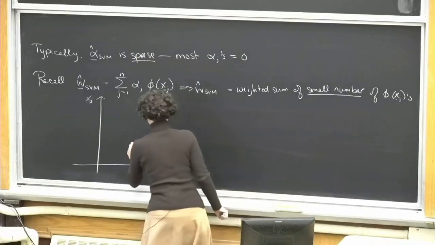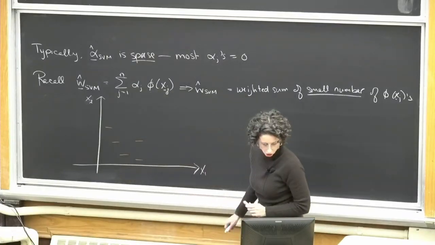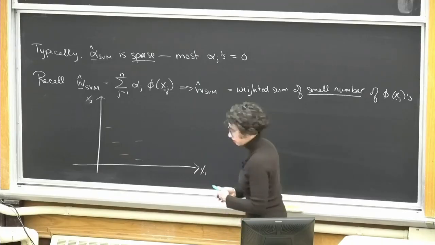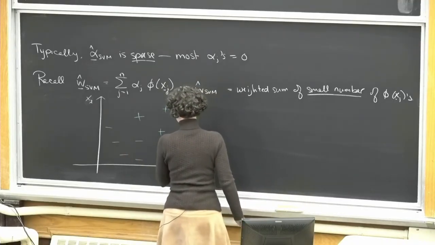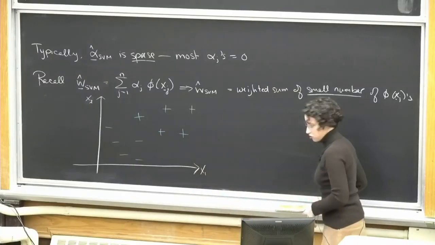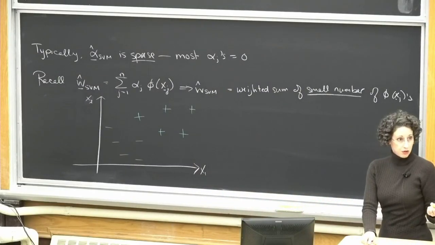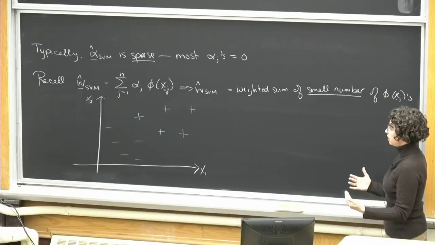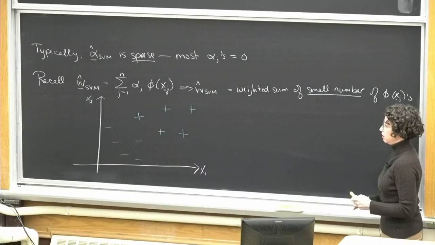I've got some negative samples here in the lower left and some positive samples up here. Now I try to derive a decision boundary by computing this alpha hat SVM and the corresponding w hat SVM.